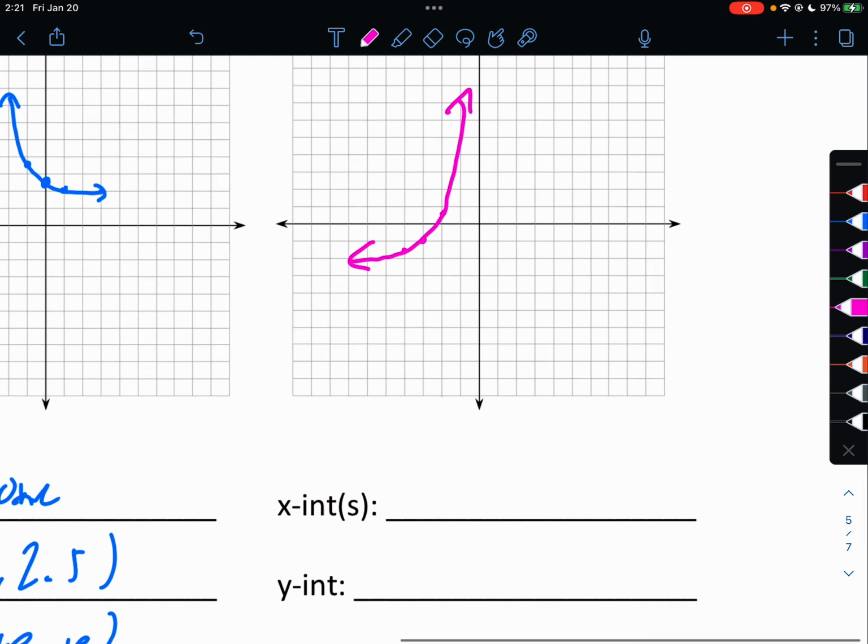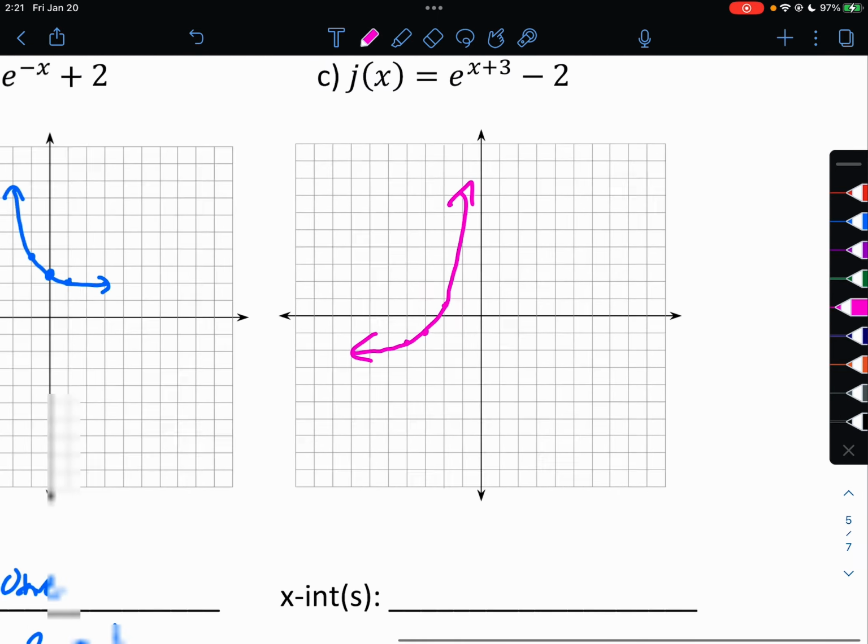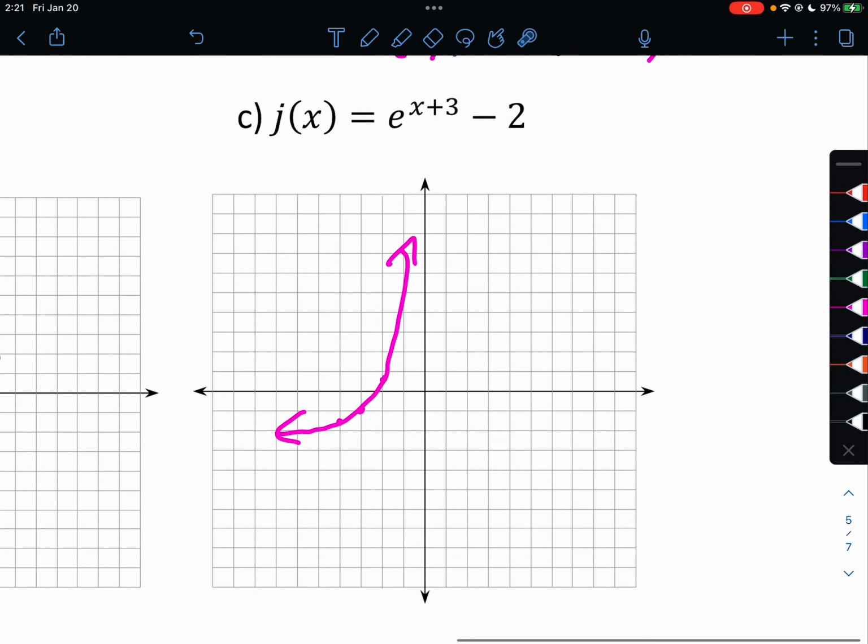All right, so our x-intercept here, we actually do have one. If we set this equal to 0 and solve, we're going to have something that we can't do yet without a calculator. So we can find this via the calculator if you want to do that. You can type this into the calculator, e to the x plus 3 power, minus 2.